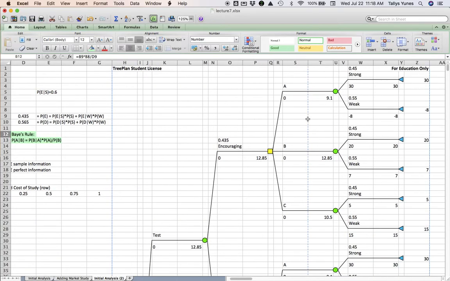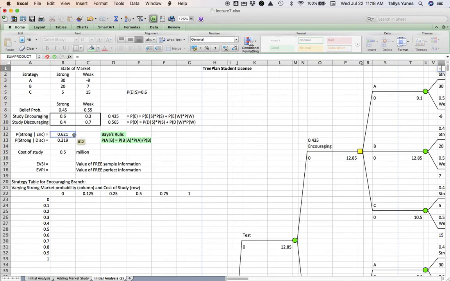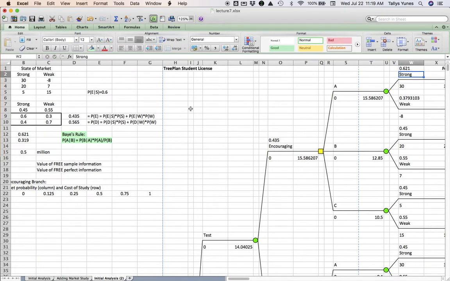That's why I did not raise my probability to 100%, even though it says encouraging. So given the test is encouraging, the chance of strong is going to be this number, right? And because we had down here 1 minus, this guy is already updated. And all of these are going to be the same, right? What is the chance of strong given the test was encouraging? It's this B12 guy.